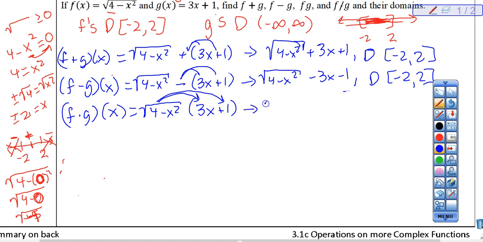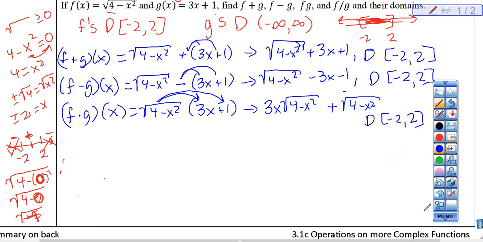And when I do that, typically you'll write the 3x out in front, and then the square root will be following. Plus, what am I going to write? Really? Can't I just write 4 minus x squared? Do I really need to put a 1 in front of that? I don't think I do. Domain, negative 2 to 2.